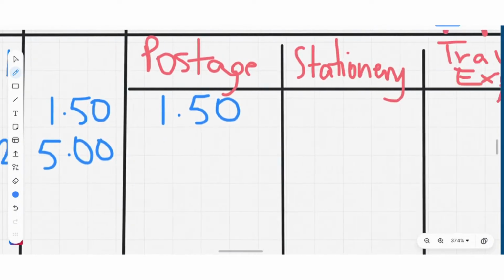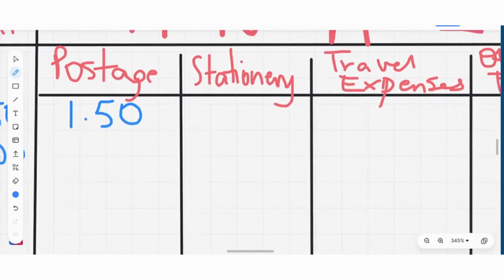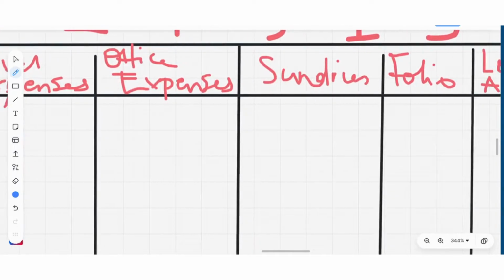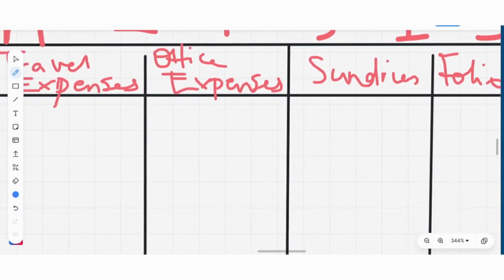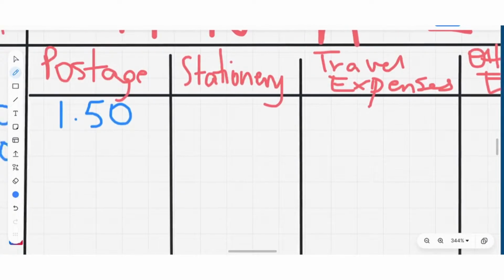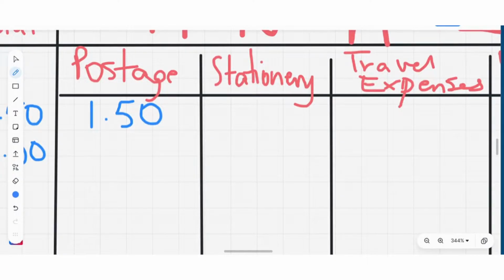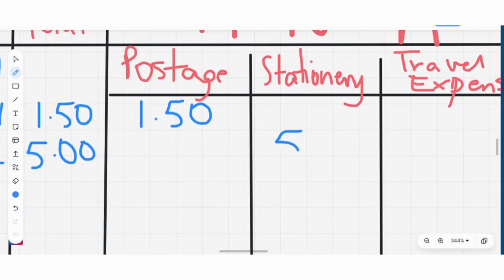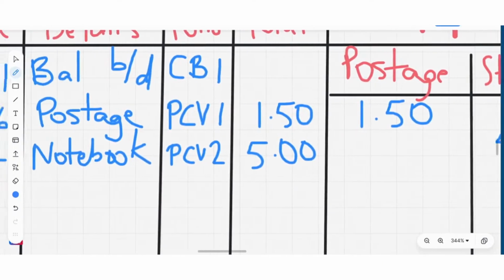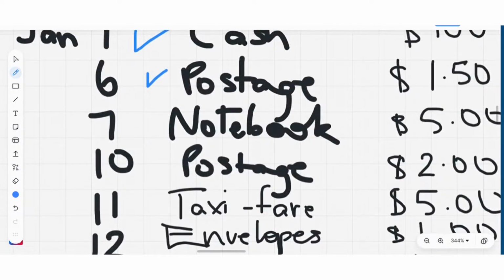Then now you go to the analysis column and see which column is appropriate to record the notebook, right? Now you look, you have the ledger, the folio, the sundry, the office, travel, stationery, and postage. A notebook would have fallen under stationery. So under stationery here, in the same line with this, you put your $5. So when you go across, it's supposed to be in line. So we finish with that.